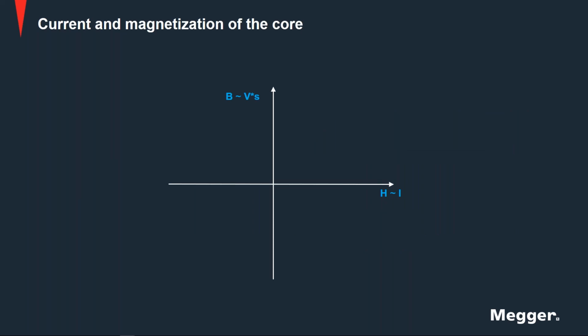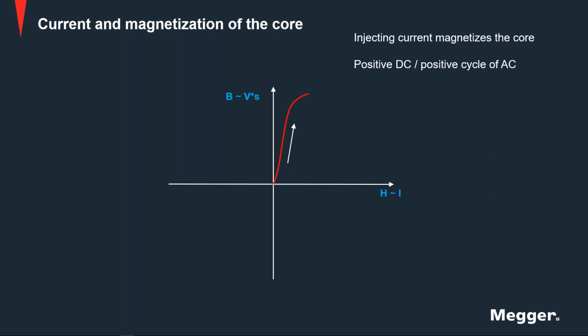If we plot our flux density against our magnetic field strength, we will see that when we inject a current, it will magnetize the core. As this goes up in the positive direction, we're looking at either positive DC or the positive cycle of AC. At a high enough current, saturation of the transformer will occur.